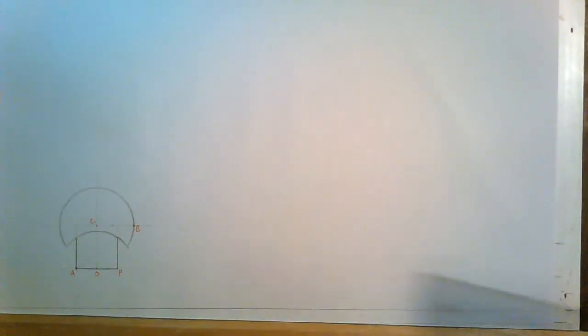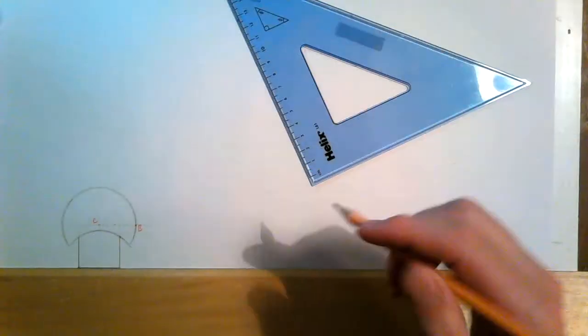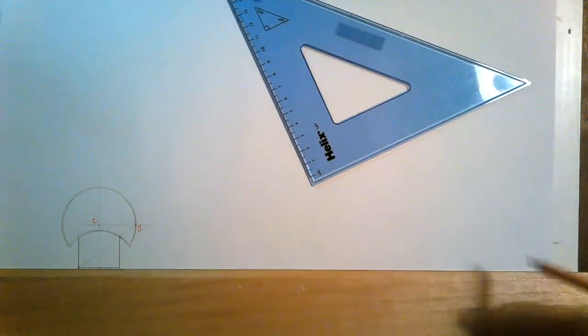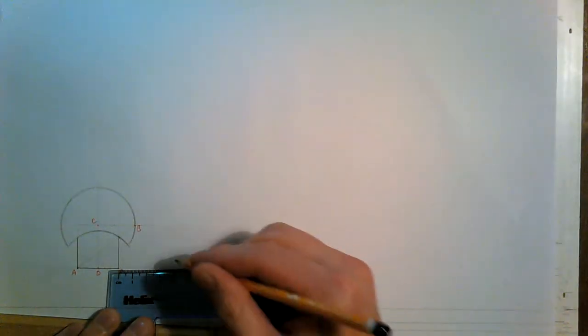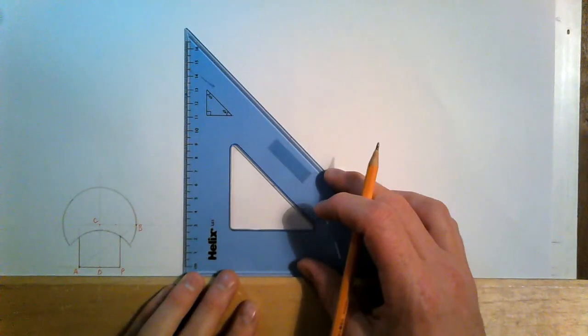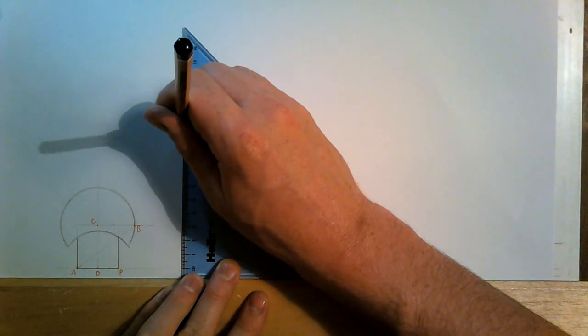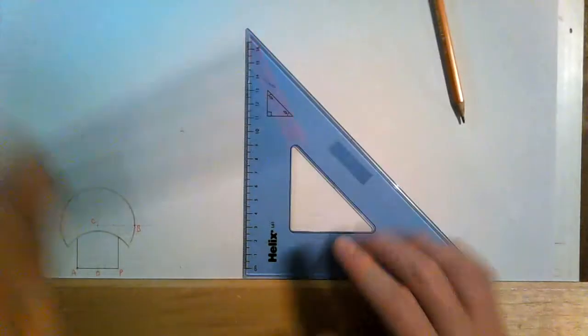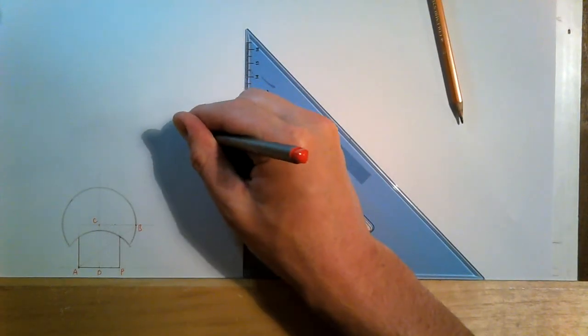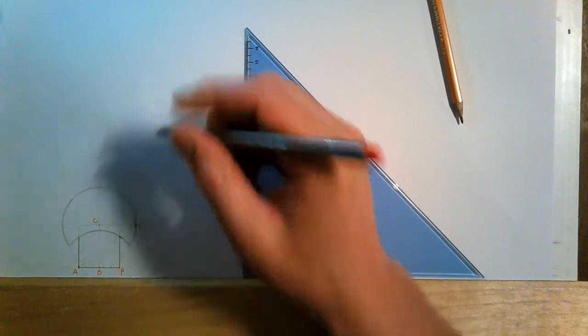So we need to get P1. I'll draw my guidelines along here: over 45 and up 100. That's P1.